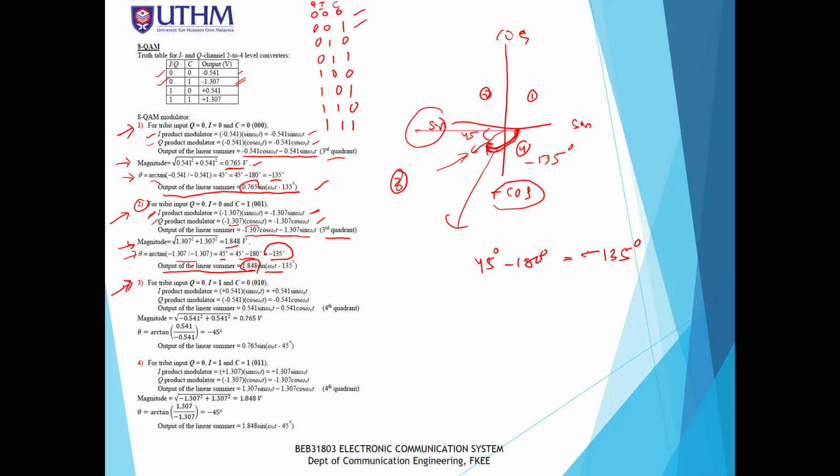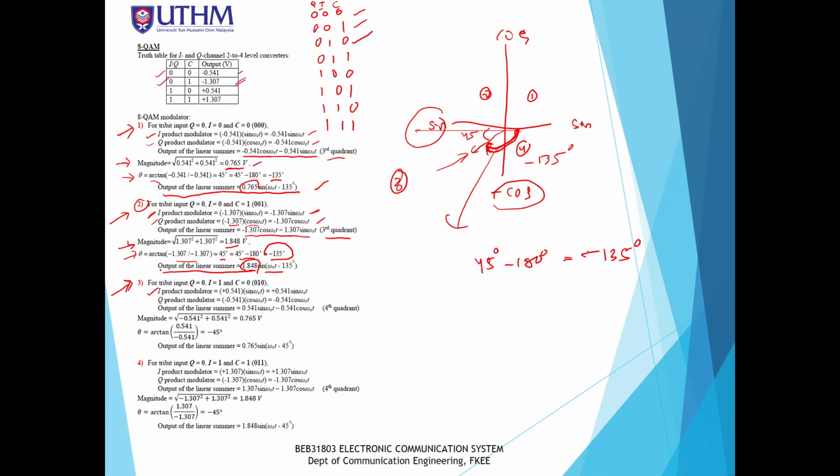Okay, for the third input, remember the third input is 0 1 0. That means Q equals 0, I equals 1 and C equals 0.